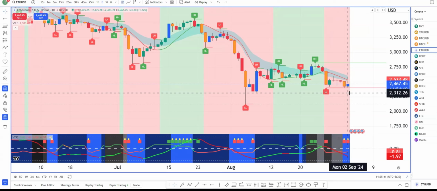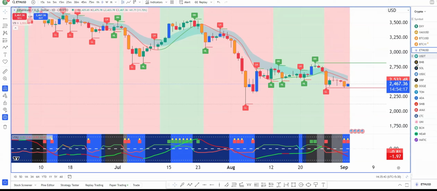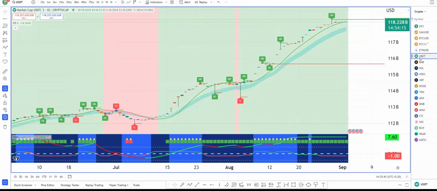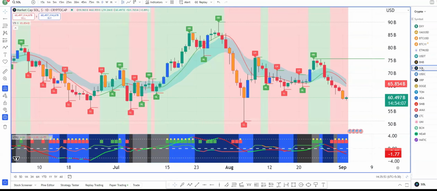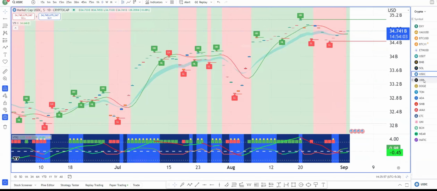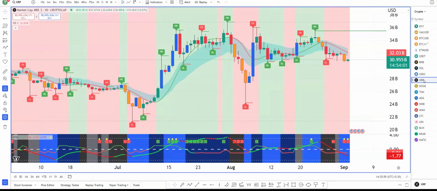For USDT, there will not be much change because it looks virtually like your US dollar, so you won't see very big movements here. This is on BNB, SOL, USDC, XRP. Now, remember, these are all a one-day chart. This is a one-day chart, about 22 hours.